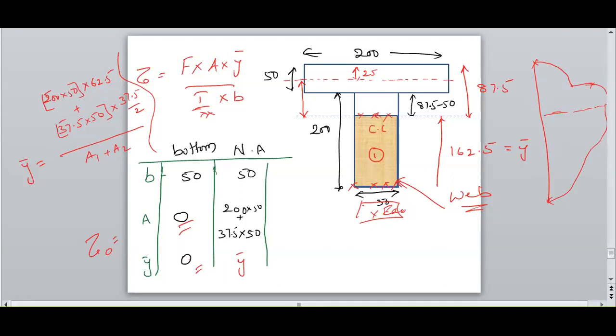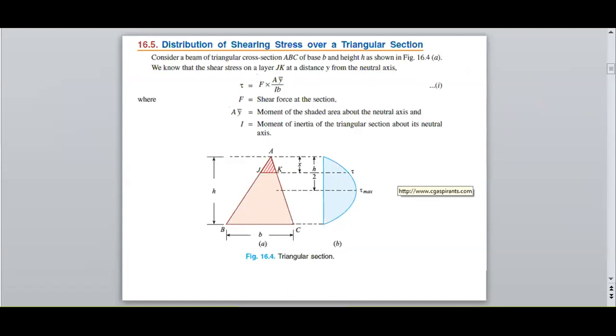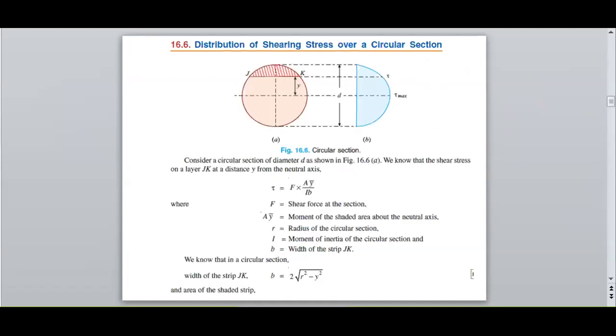With this, the problems are concluded, and we need to derive some equations for the rectangular cross section, for a triangular cross section, the shear stress distribution curve, and the relationship between the maximum shear stress and average shear stress for a triangle and for a circular cross section. So three standard cross sections are remaining, and we need to derive a relationship between the maximum shear stress and the average shear stress for these cross sections.